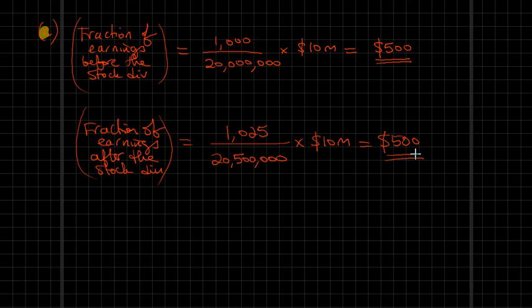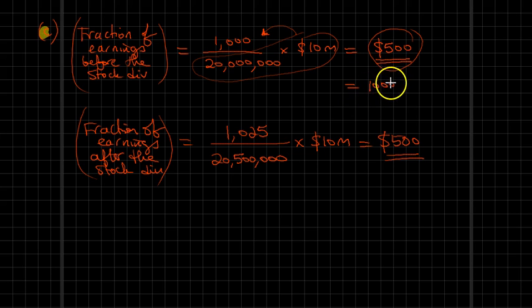In fact, this is not surprising. Observe that the initial $500 is merely the earnings per share multiplied by the number of shares that I hold.